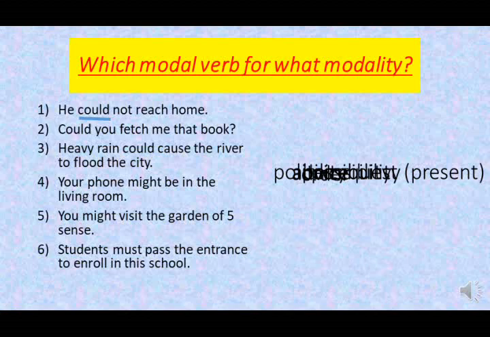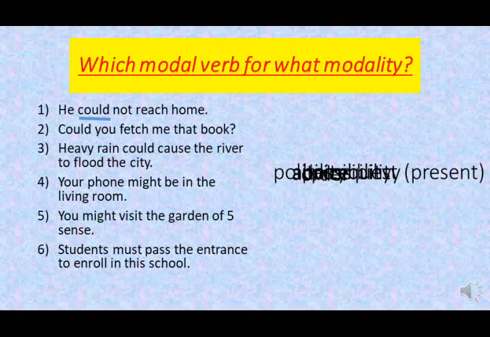Third one: heavy rain could cause the river to flood the city. Again could as a modal verb, but it shows the modality of possibility. It could flood or it couldn't flood. It may or it may not.